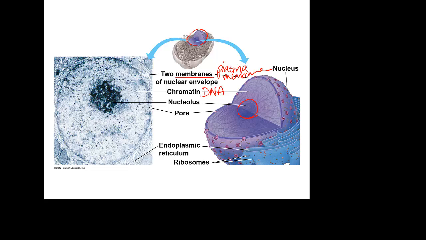These holes that you see are known as nuclear pores, and these are going to be important for protein production as well. This is actually how we will allow things like mRNA, messenger RNA, to bring information out of the nucleus from the DNA. So that will be important.